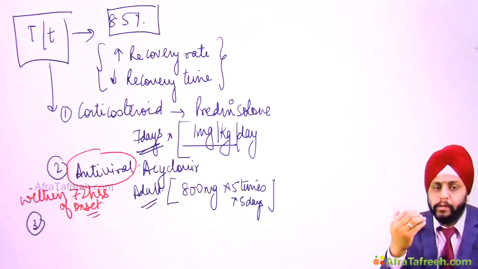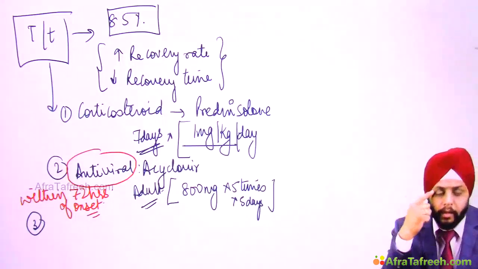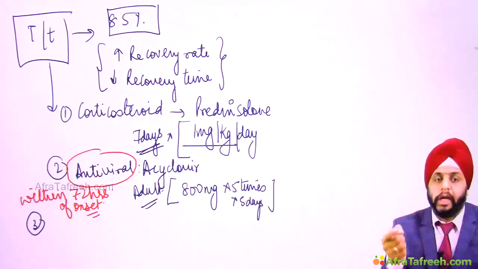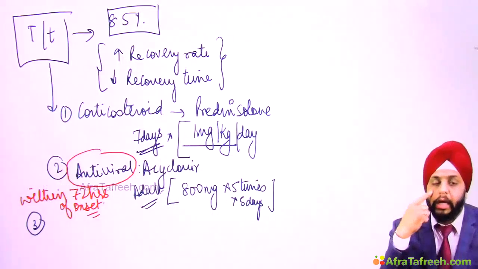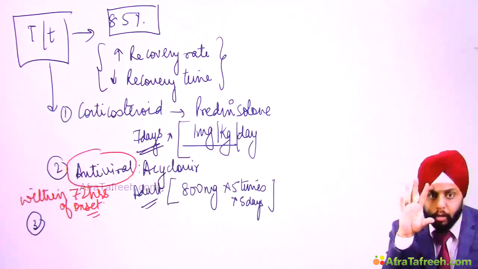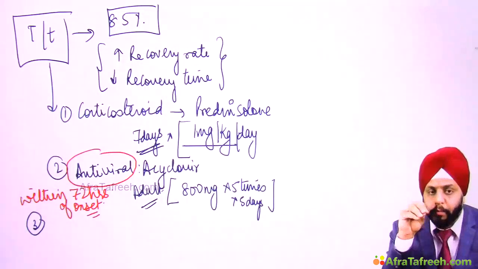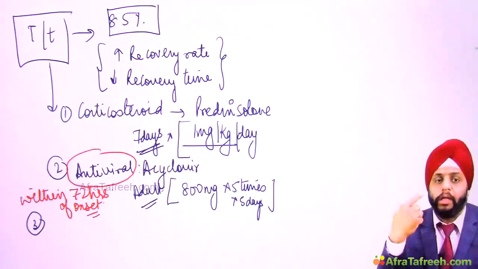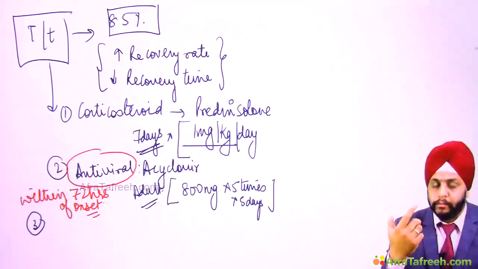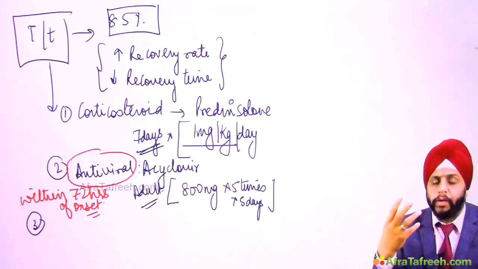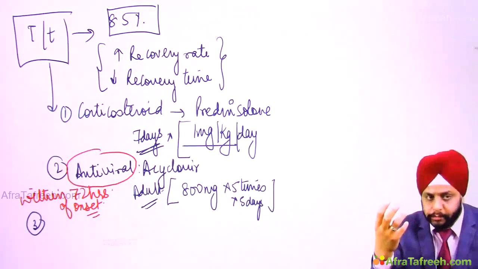GSPN gone means lacrimation is gone, which means a dry eye. The eye is not able to close, the blink reflex is gone, and the cornea is dry. What can happen? There can be corneal ulceration, and the patient can go blind.